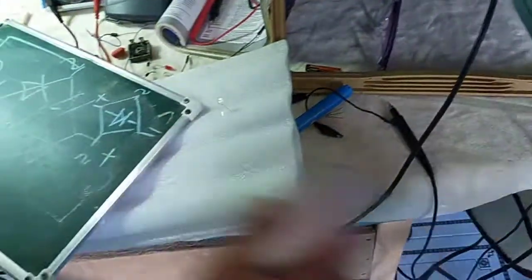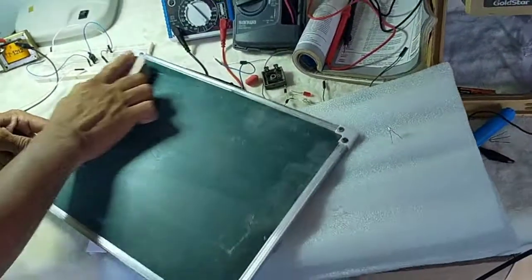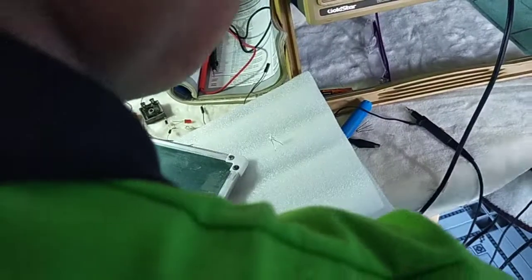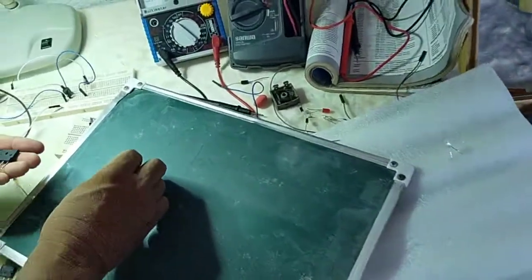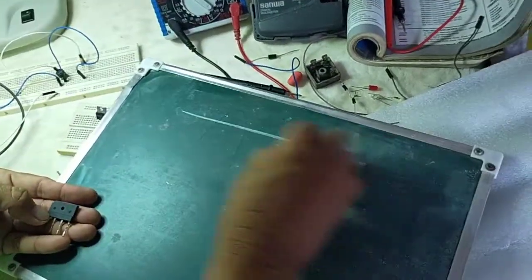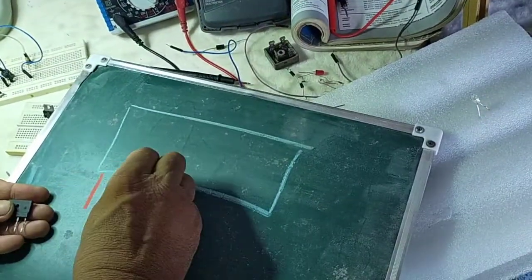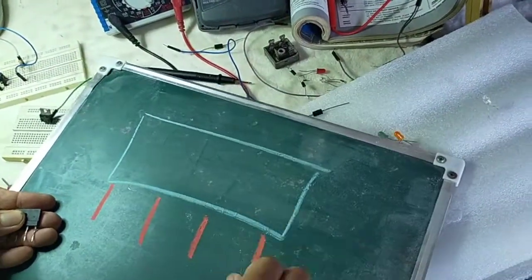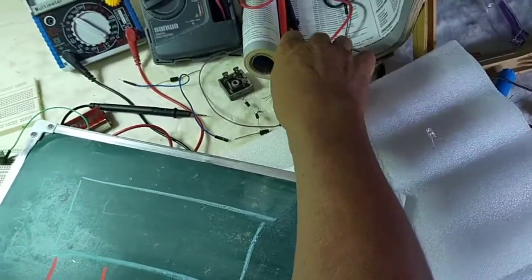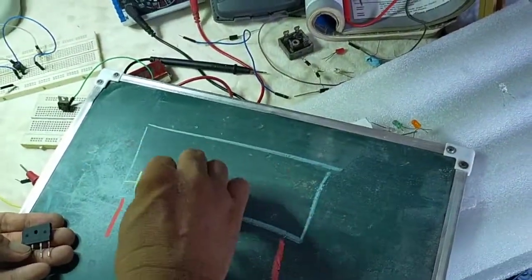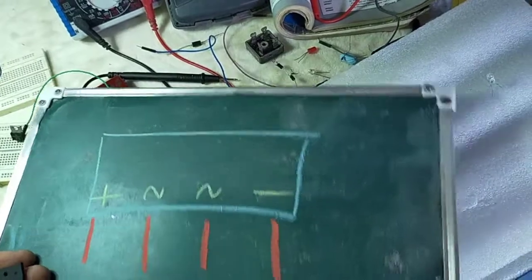Because the internal connection of this diode, which is in closed loop configuration, goes like this. If this is positive, we have here the terminals. There is a sign here, positive, AC, negative.